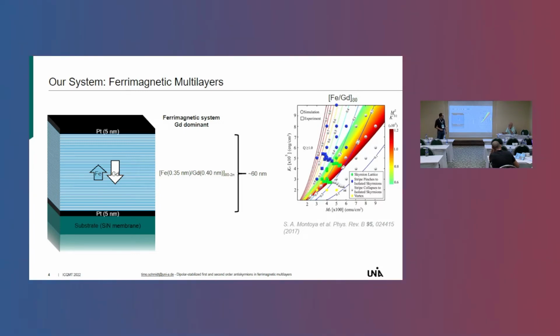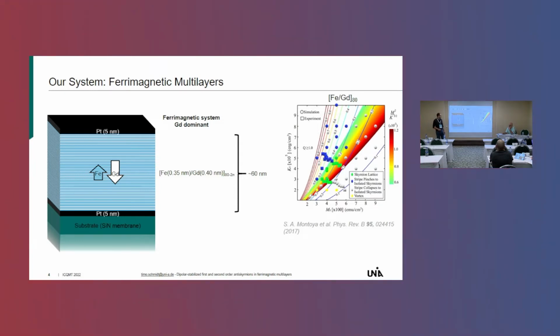And I made this phase map, which shows the saturation magnetization and the uniaxial anisotropy. And there are a few regions here. So in the first region, where it says Q is greater than 1, Q is our quality factor, which is defined by the uniaxial anisotropy divided by the shape anisotropy.